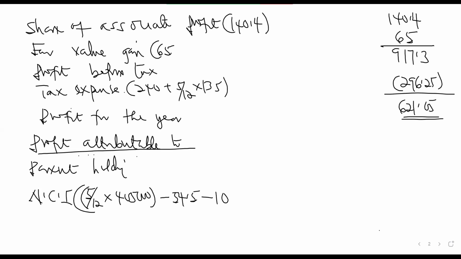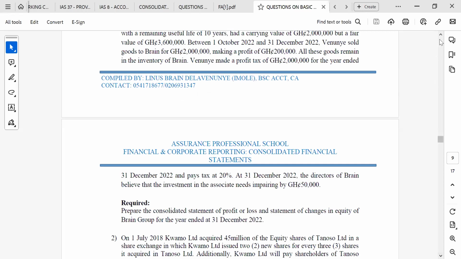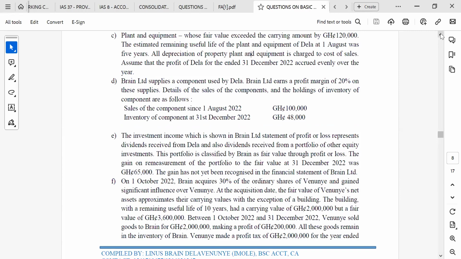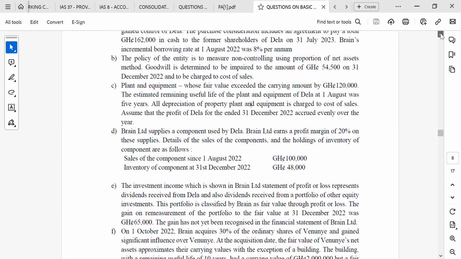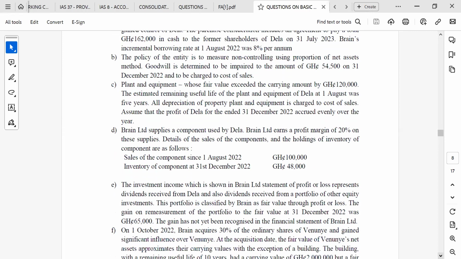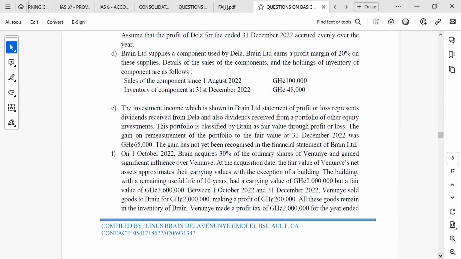So you always start with adjusting the subsidiary's profit, then you find the NCI for it. The intra-group sale is by the parent, so we are not going to have any unrealized profit for that. So there are only two adjustments: the impairment of the goodwill and the additional depreciation that is coming there.